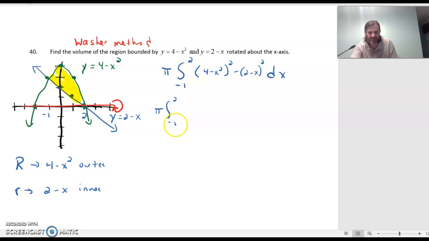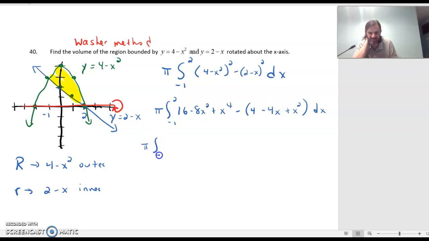So we're going to square 4 minus x squared, so that'll be 16 minus 8x squared plus x to the 4th. And then we're going to subtract off 2 minus x squared, which is 4 minus 4x plus x squared. So we'll distribute the negative in the second part and collect like terms.